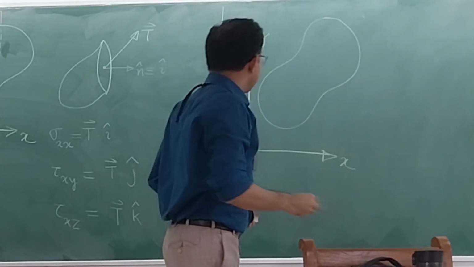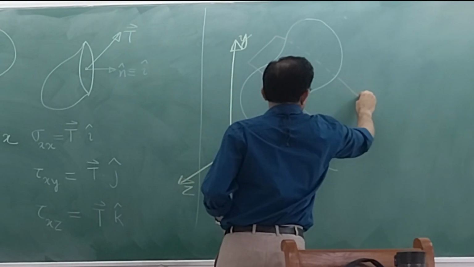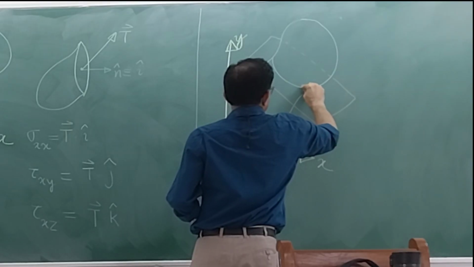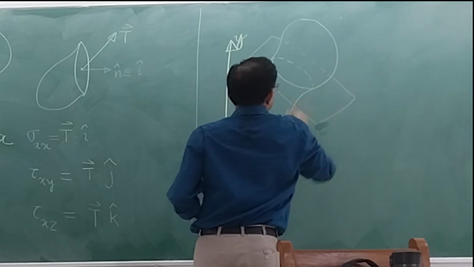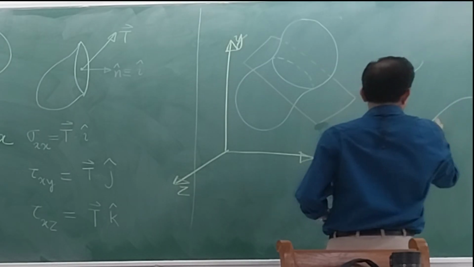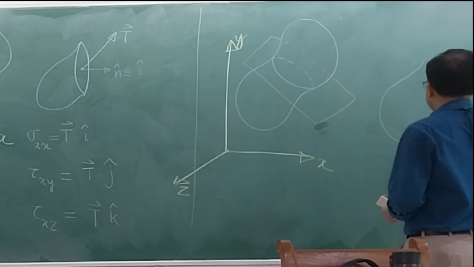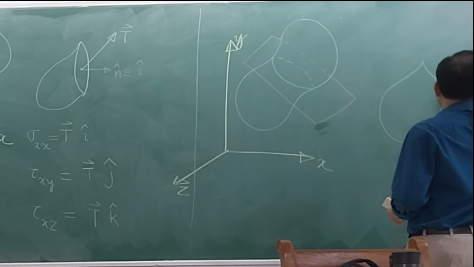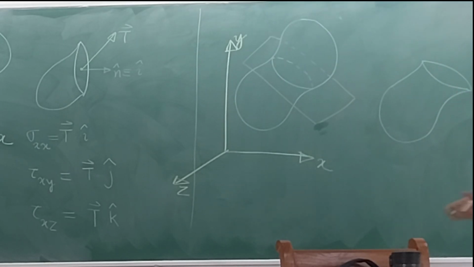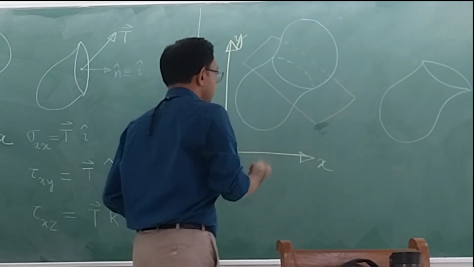But now I'm going to take my cutting plane like before. Now I will draw explicitly the traction vector on that region at a certain point.